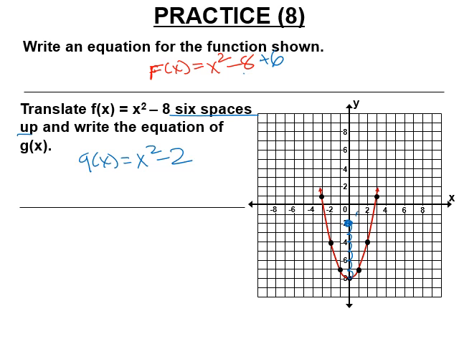And we're going to move each of these points up 6. And they're still going to be symmetrical, 1, 2, 3, 4, 5, 6, and 6. And we're going to write our new parabola, 6 spaces higher, hopefully being the same shape.